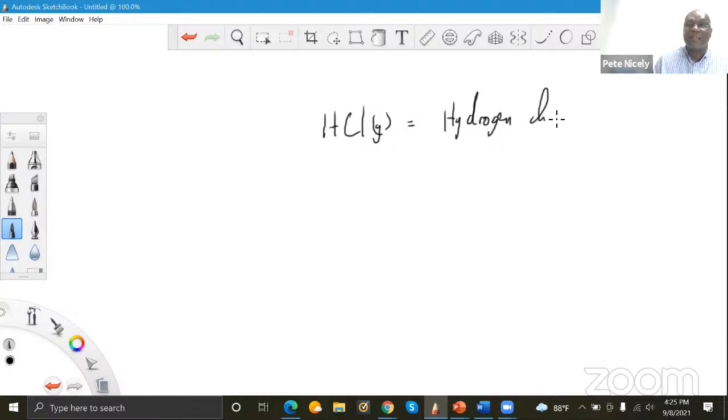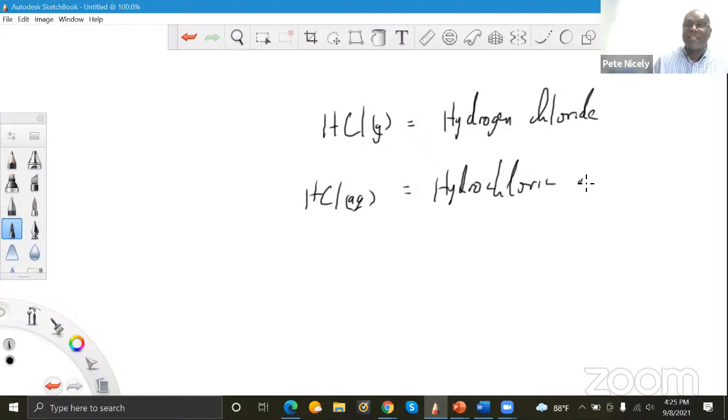But if you have HCl-AQ, aqueous, that's an aqueous solution, then that is called hydrochloric acid. So it's very important that you pay attention to the state symbols when it comes to binary hydrogen-containing compounds. If it's AQ, then you know it's an acid, and therefore you name it as such.